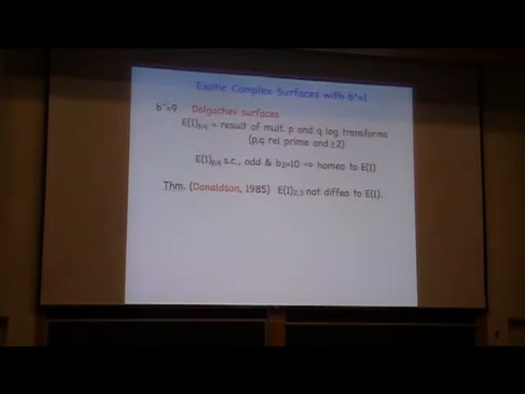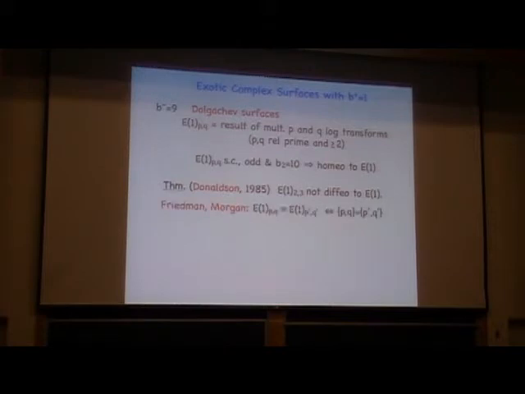And in 1985, Donaldson proved that the simplest of these Dolgachev surfaces is actually not diffeomorphic to E1. So this was the first example of closed four manifolds that were homeomorphic but not diffeomorphic, and a counterexample to the smooth h-cobordism theorem.